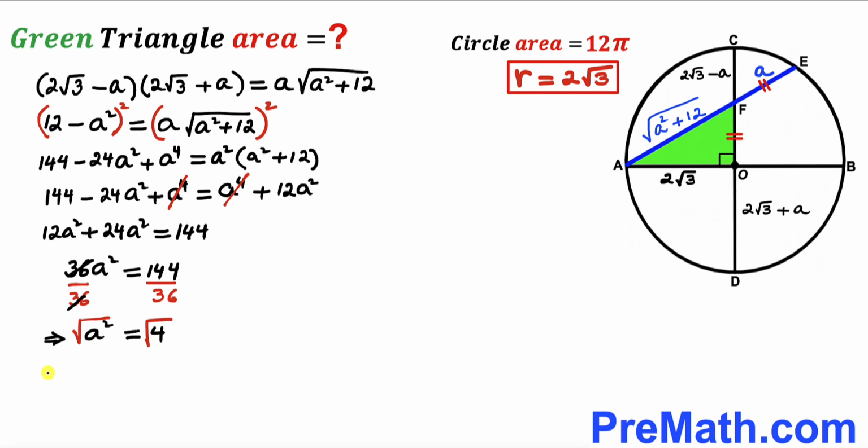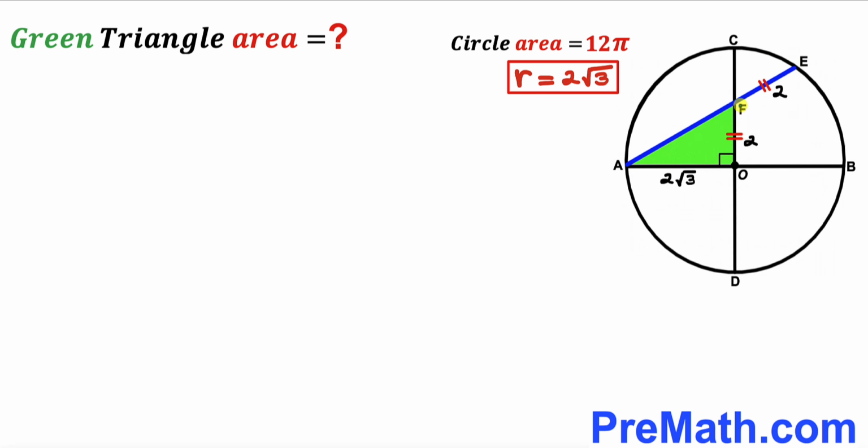So therefore, our lowercase a value simply turns out to be positive 2 units. So we could see our lowercase a value turns out to be 2, and lowercase a value is 2 over here as well. So thus we could see that this segment OF length turns out to be 2, and likewise EF length is 2 units as well.